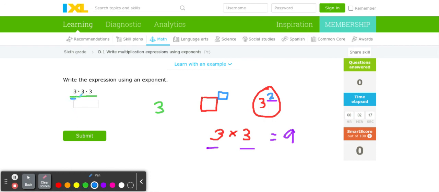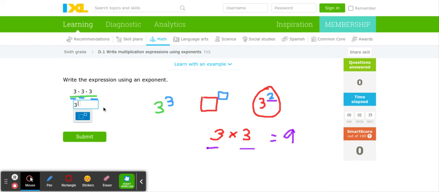This is 1, 2, and 3. So we know that since 3 is being multiplied 3 times, our answer would be 3 to the power of 3.